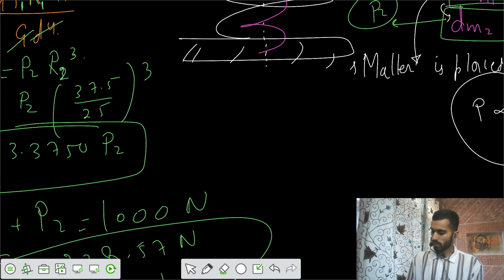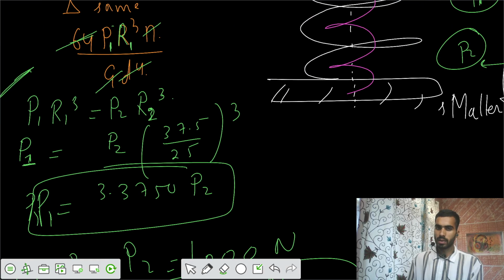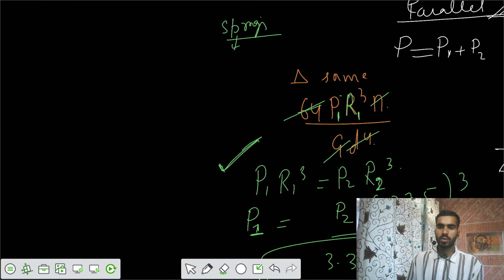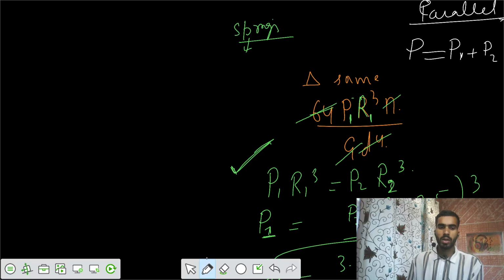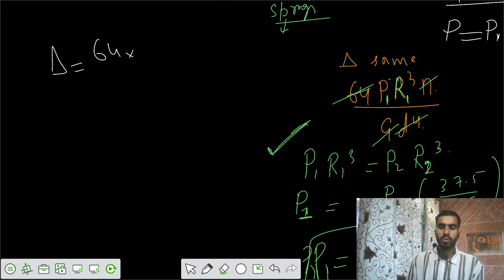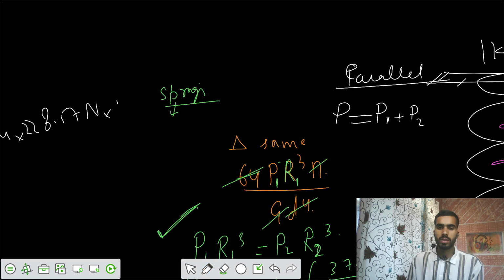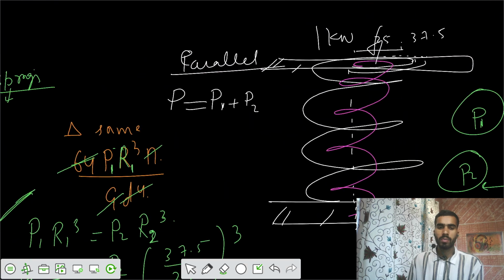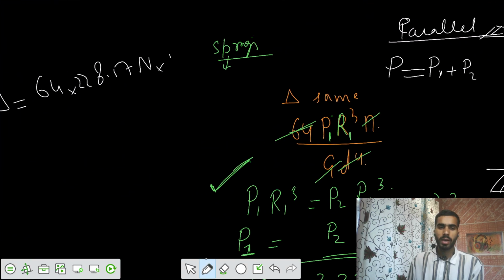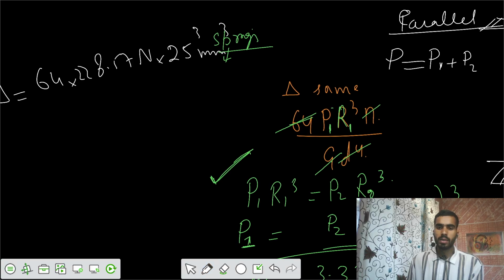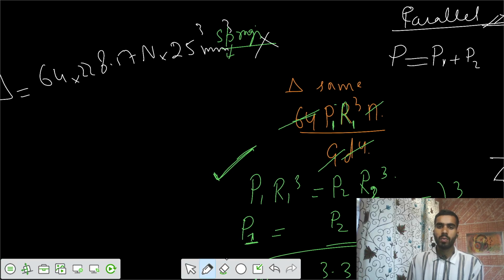And now the problem was saying you need to get the value of total delta. So you can write any of these equations. We can write delta equals to 64 times P1, the value of P1 you can take, 228.57 Newton into R1 cube. That was your R1, 25. Corresponding to the P1, you have to take R1, 25 millimeter whole cube, and you multiply by n. What is the value of n we have?